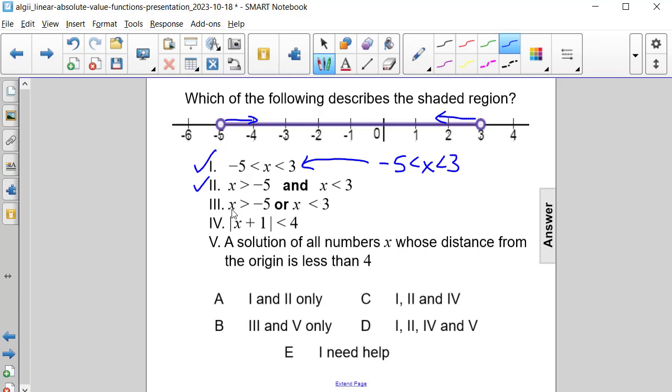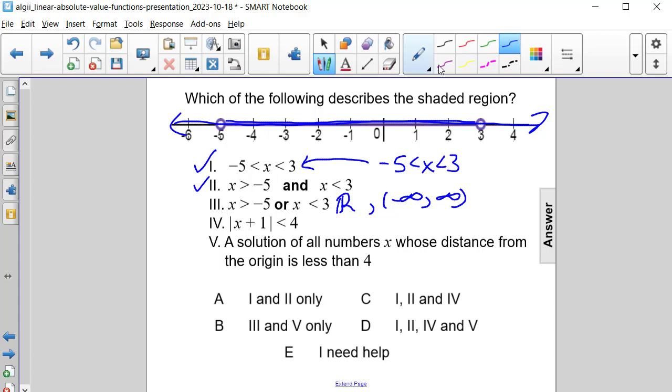If we actually look at Roman numeral 3, we now have x is greater than -5 or x is less than 3. Now, if that was true, our graph would go greater than -5 all the way up the number line, and it would go less than 3 all the way down the number line and would make it an all real numbers solution set, or from -infinity to +infinity.